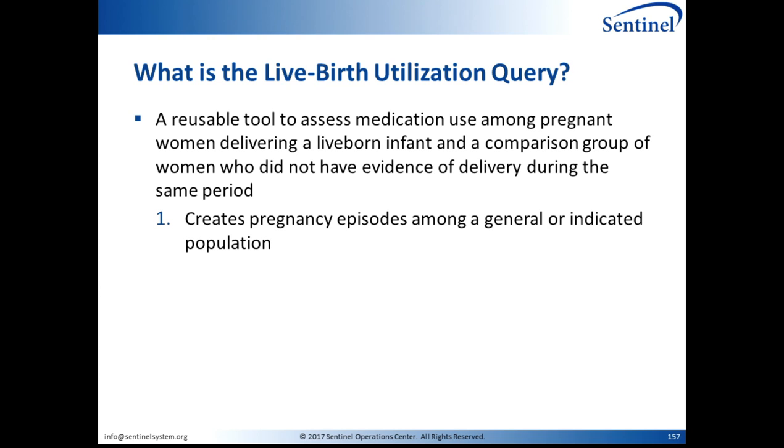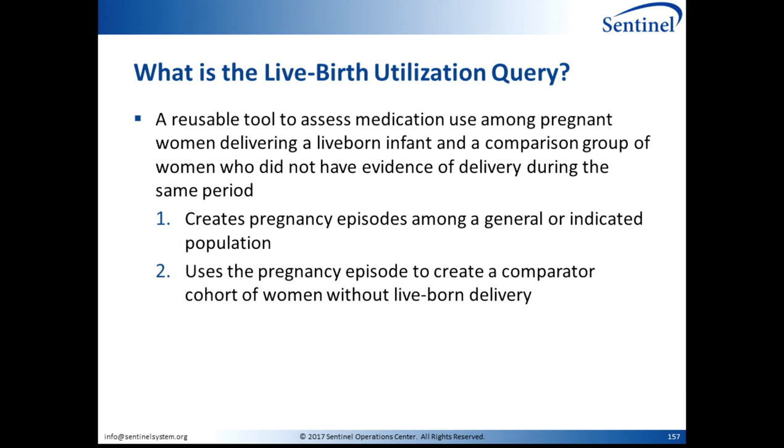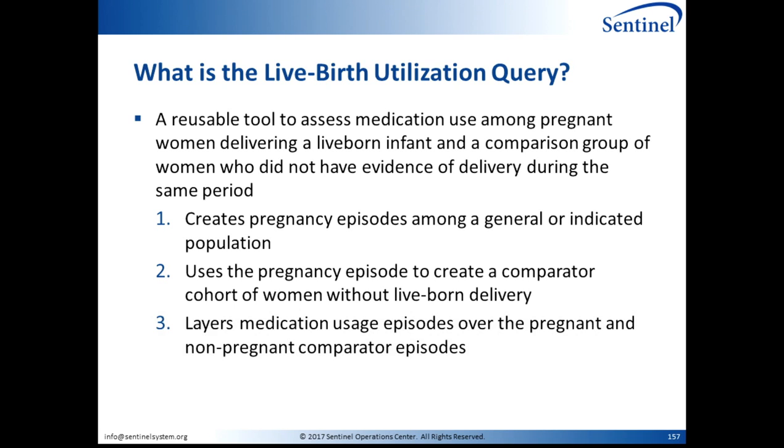This is a period of pregnancy, and we can do that among either a general population of women or an indicated population of women. What I mean by an indicated population is a population of women who also have evidence of a particular type of condition. Then we use that episode of pregnancy to create a comparator episode of women who have not had a live-born delivery during that same time frame.